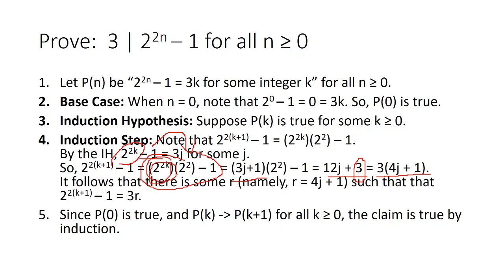So it follows that there is some r, where r is equal to 4j plus 1. This is some arbitrary number, such that 2 to the 2 multiplied by k plus 1 minus 1 is another multiple of 3.